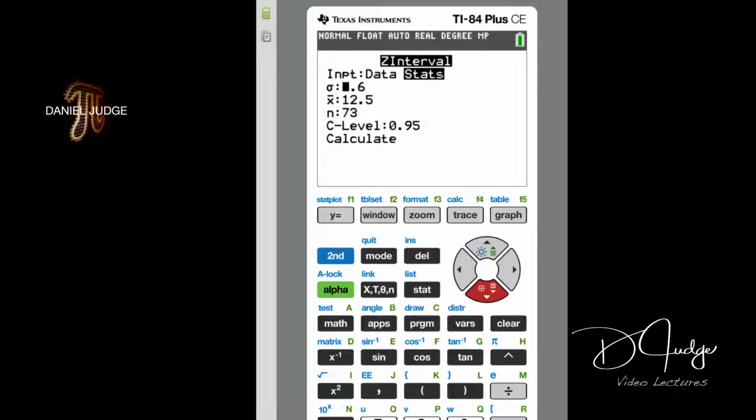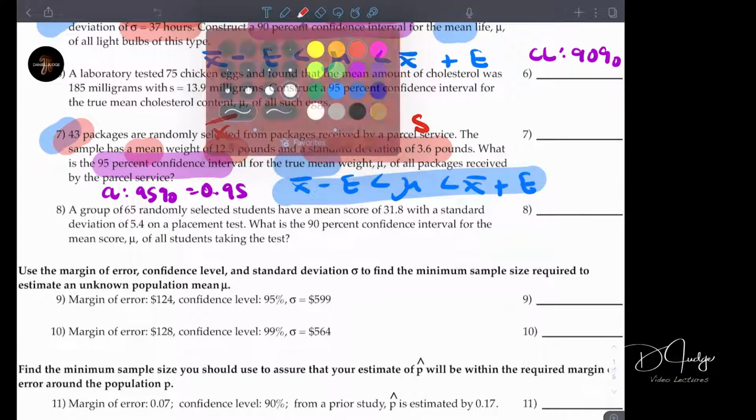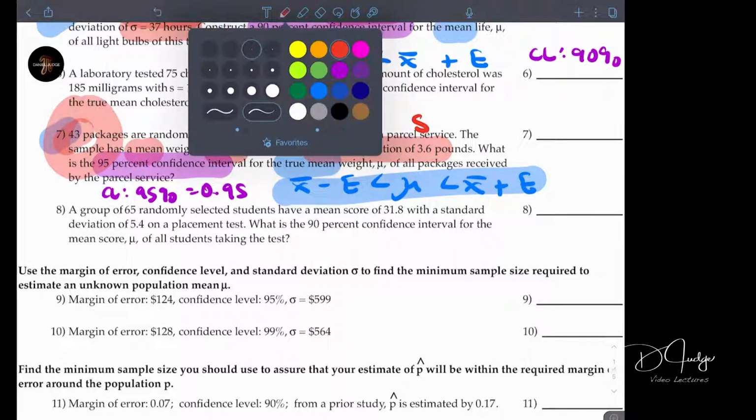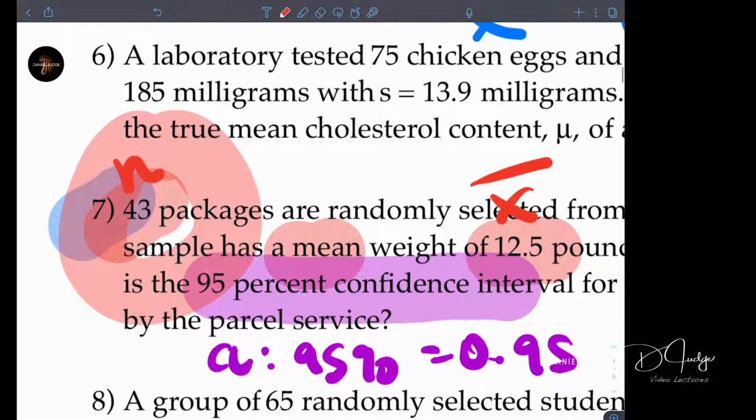So we screwed up on this one. There was 43 packages, not 73 packages. Okay. 11.4, 13.6. So go back over here. That's the N. All right, we made a mistake.